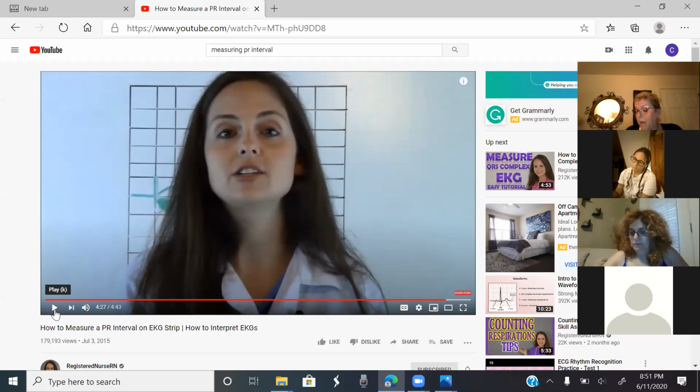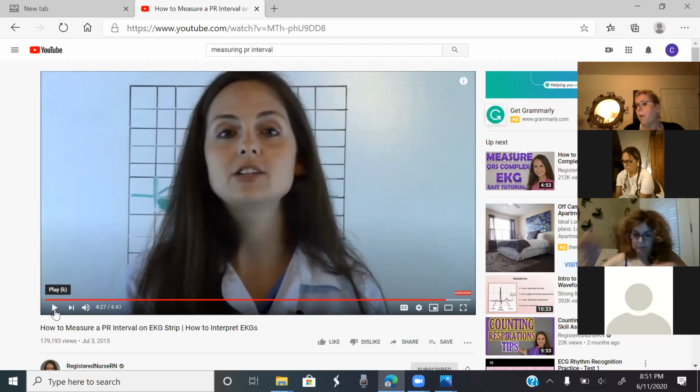We'll get to that. But it just wants you to recognize what a normal R to R looks like. So if you keep going, y'all can finish the ones for the PR intervals. But I think you all get the point. It's really just measuring the beginning of the P to the beginning of the QRS.